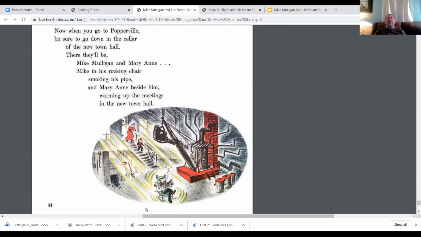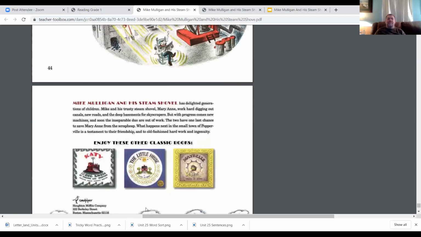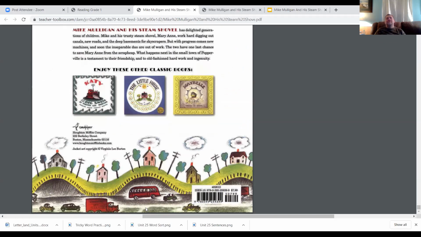Now, when you go to Popperville, be sure to go down in the cellar of the new town hall. There'll be Mike Mulligan and Mary Ann, Mike in his rocking chair smoking his pipe, and Mary Ann beside him warming up the meetings in the new town hall. And boys and girls, that is the end of our story.